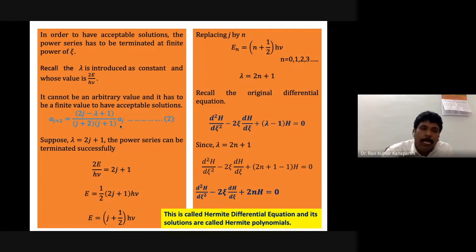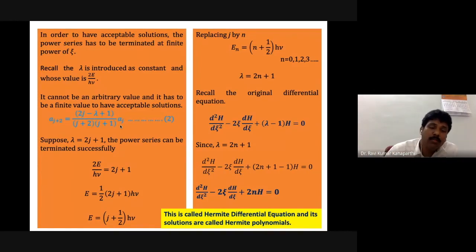In that situation, we will get an acceptable solution. Otherwise, we will run into a problem wherein at larger displacement, larger powers of z are important, and the mathematical expression will behave like an exponential growth function, wherein the function will not vanish.